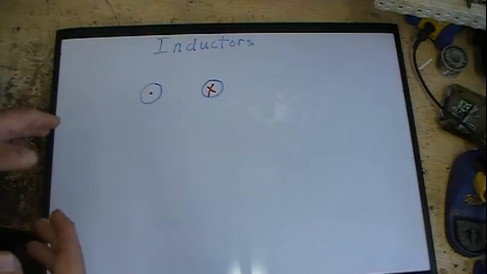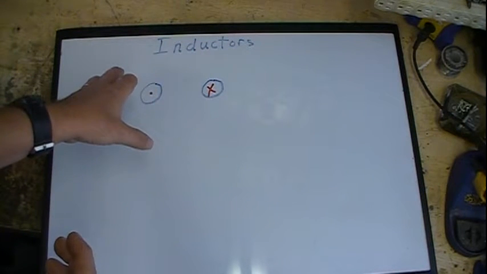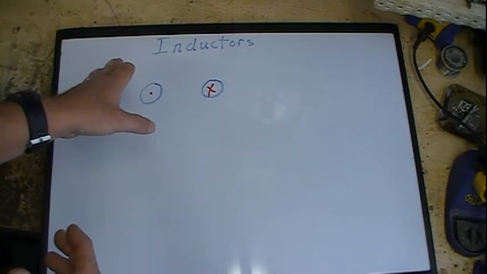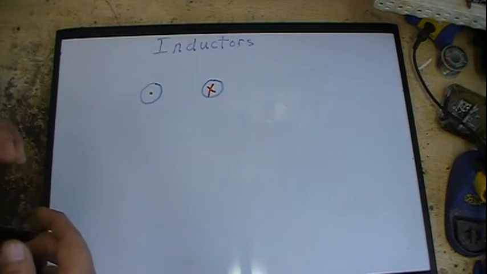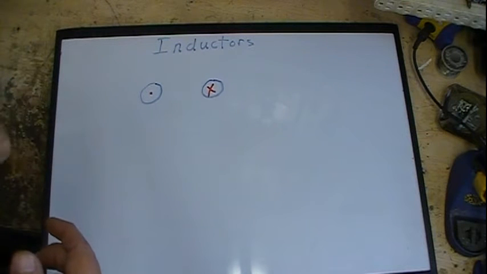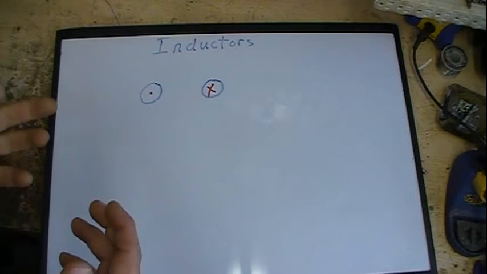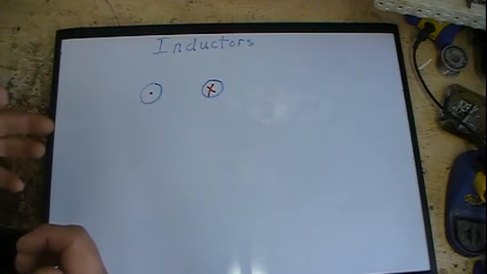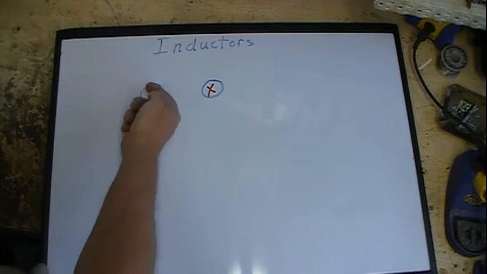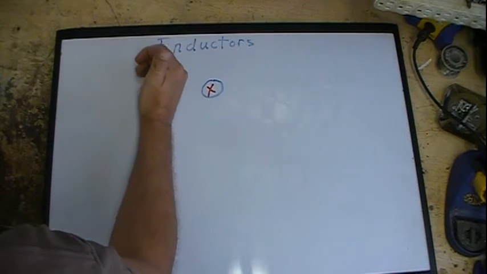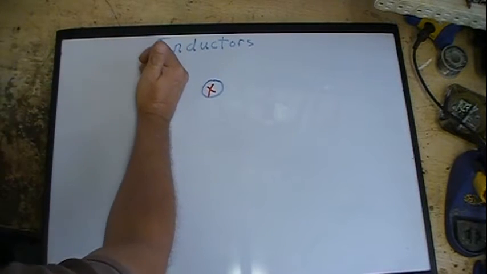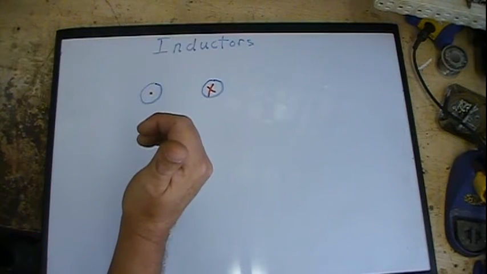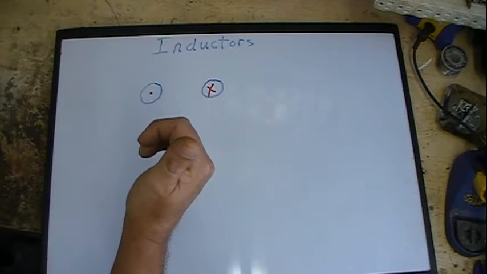The big difference would be if we're going to show which way the field, which way the flux is moving, then if you're using electron flow, you have to use the left hand rule. But in this case, we'll use the right hand rule, which is conventional current. Our thumb shows the direction of the current, and our fingers will show the direction of the flux.